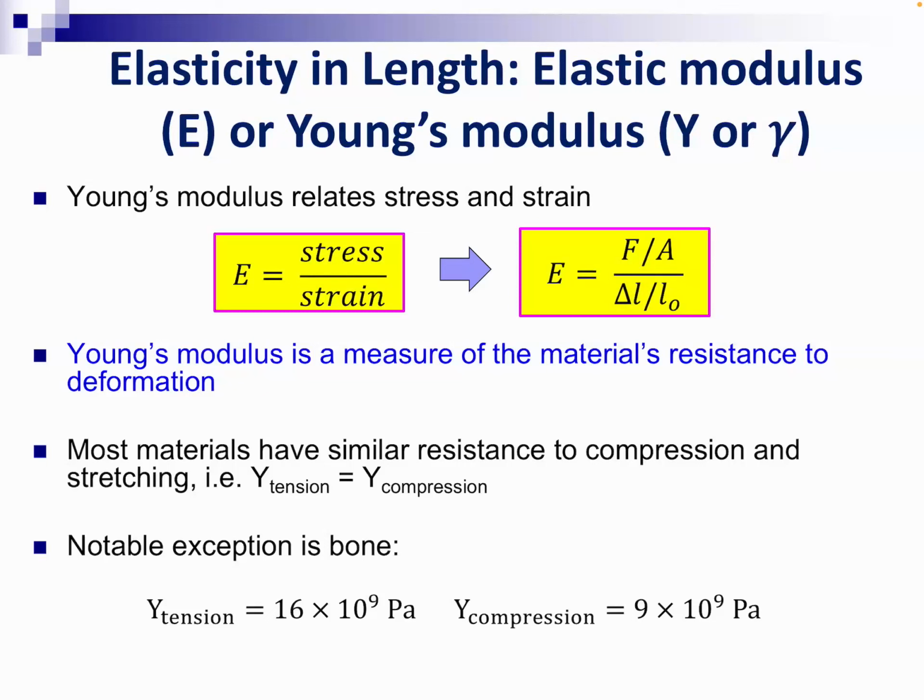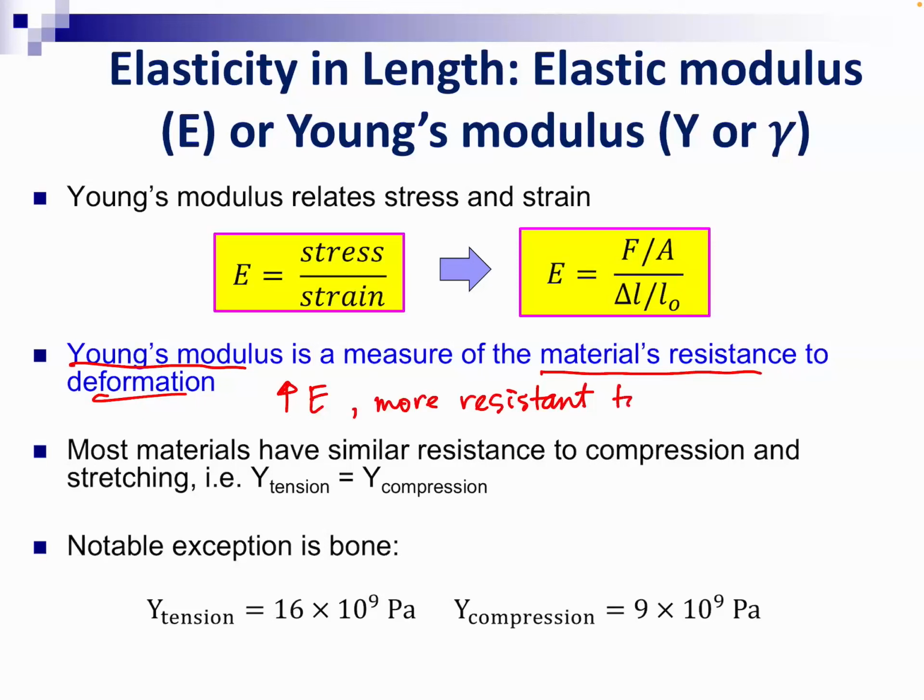But physically, what's the significance of the elastic or Young's modulus? Physically, the Young's modulus or elastic modulus measures the material's resistance to deformation. Okay? So the higher the elastic modulus is, the more difficult it is to deform the object.